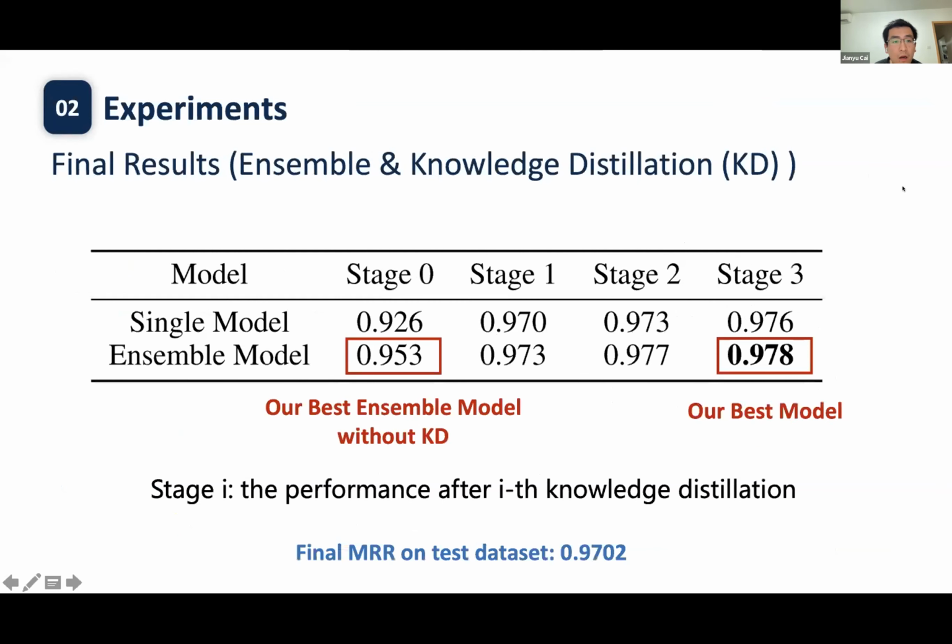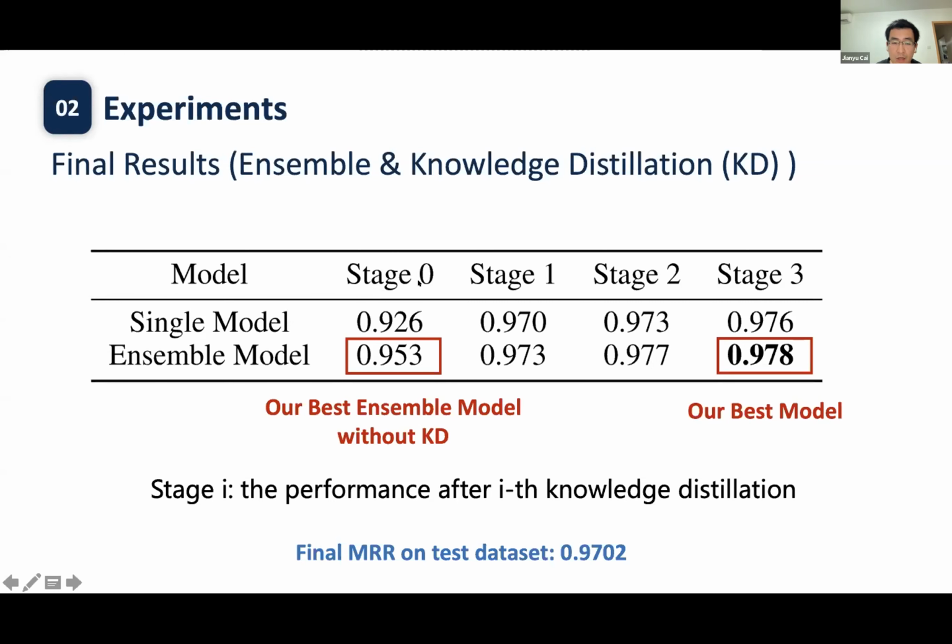We then also show the performance of the ensemble method and the knowledge distillation method. Here, I need to explain that stage I means the performance of our model after the I-th knowledge distillation. As we have mentioned before, the knowledge distillation repeats for several iterations.